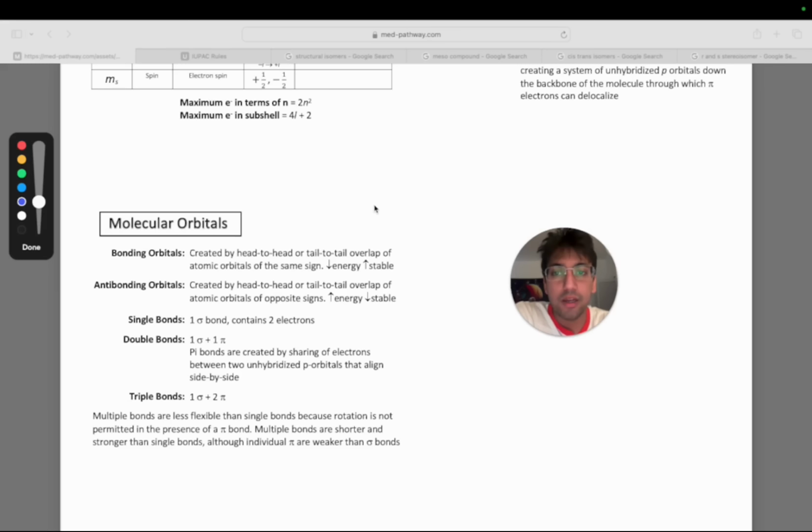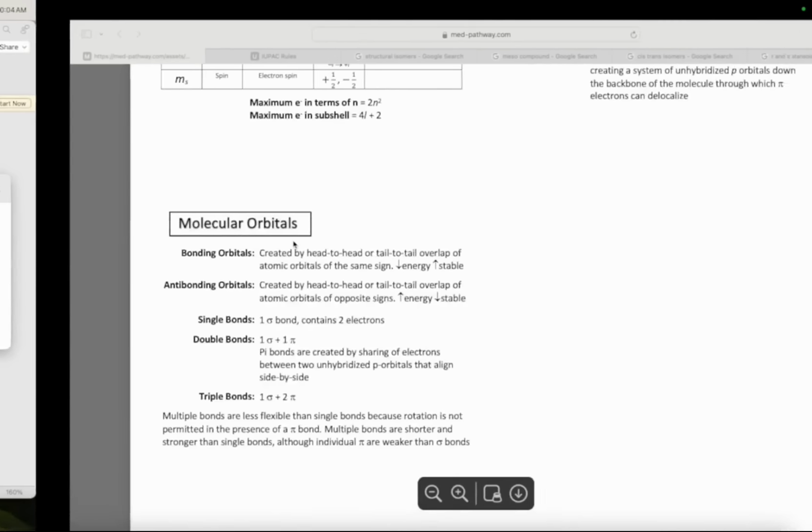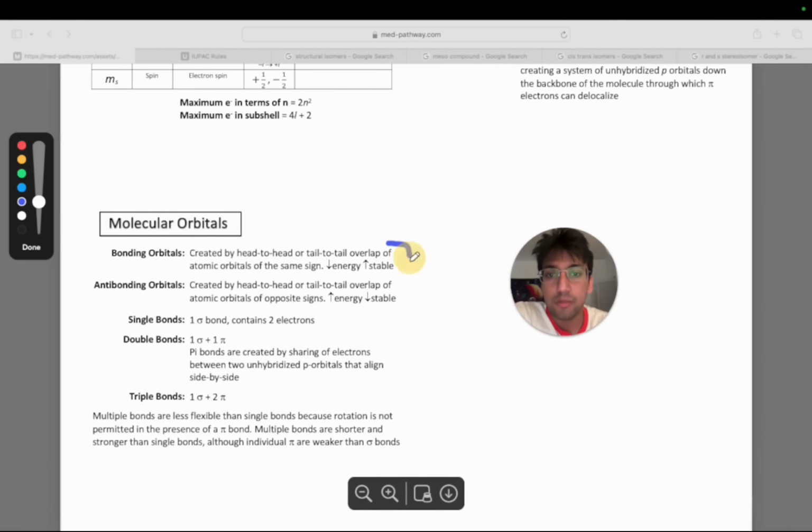They're combining, overlapping the space of their individual atomic orbitals, and by overlapping those spaces, they form this new thing called a molecular orbital. That's how I finally came to understand it, and that's the best way it made sense to me. So that's what a bonding orbital is.